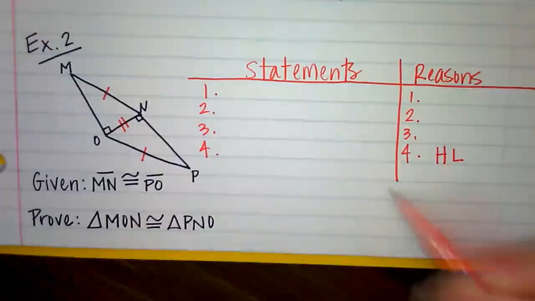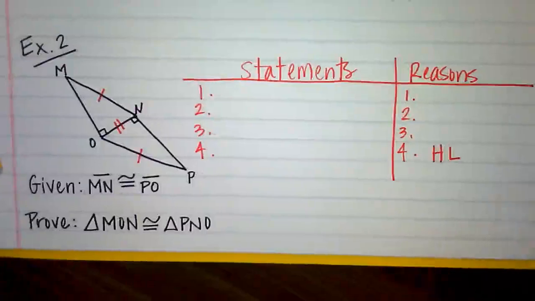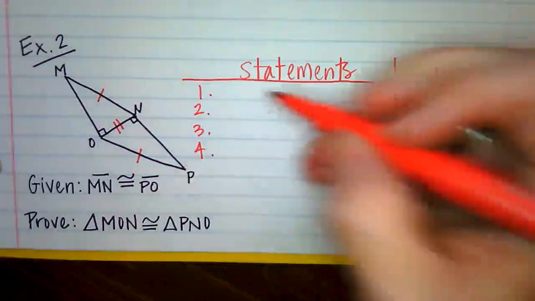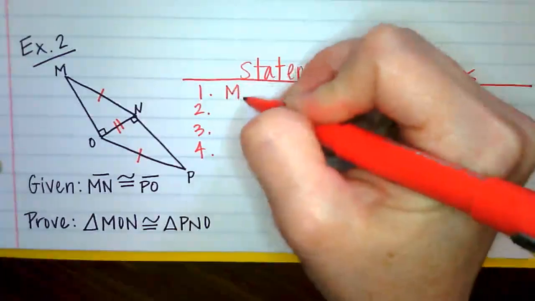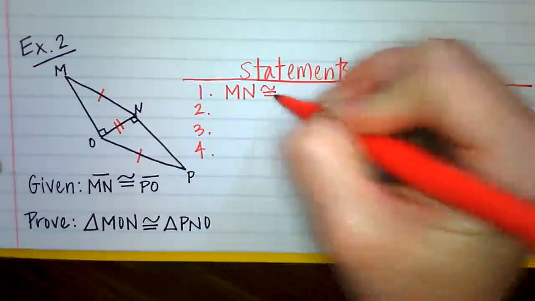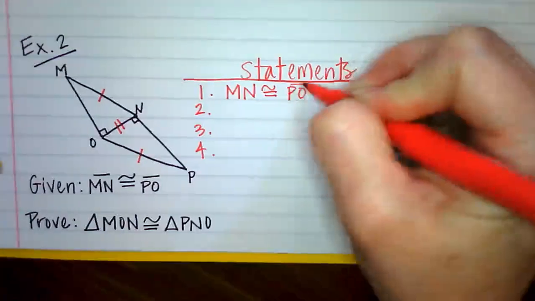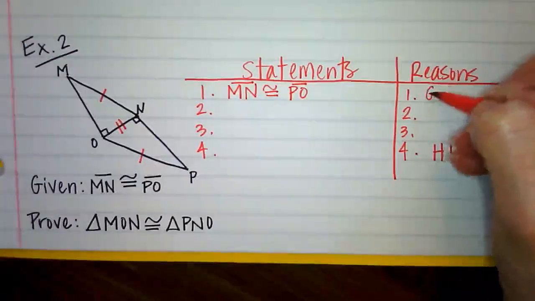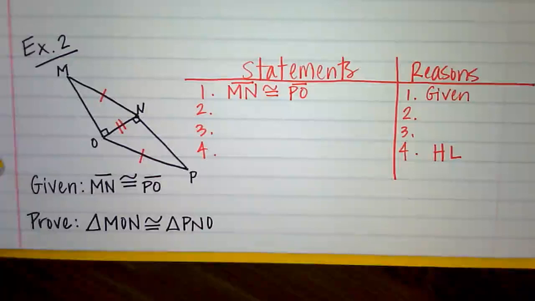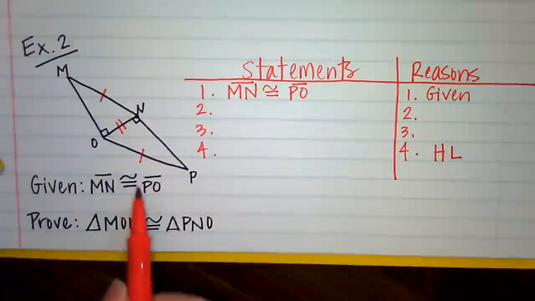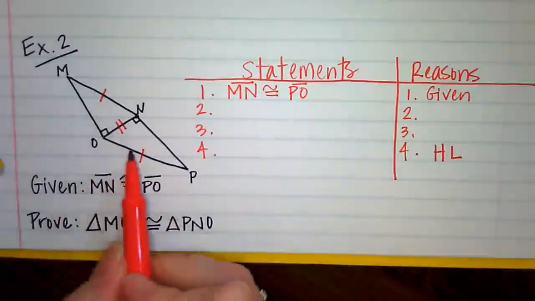So now I have to prove that. First thing, we were given that segment MN is congruent to segment PO, and the reason is that was given. That's the one marked right there.